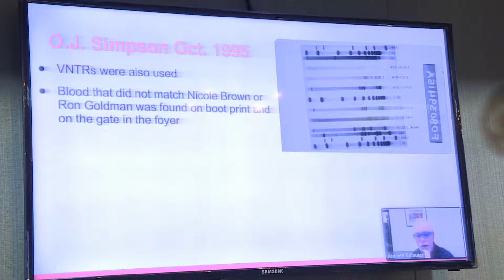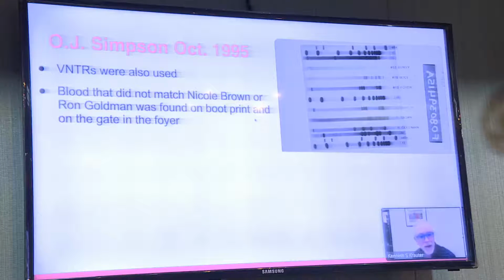So there was a very strong concordance between the bands present in OJ Simpson, one of the prime suspects, and blood found on the floor and on the walls. It was not the victim's blood, and it was not the blood of other suspects; they tested the blood of many people, not just this group.